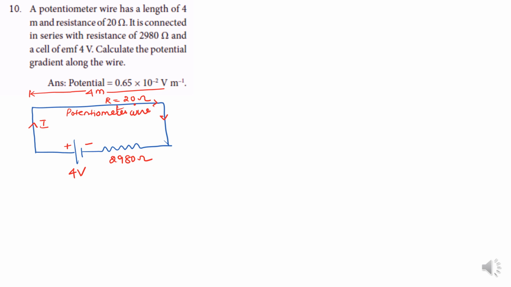It is connected in series with another resistance of value 2980 ohm. So these two resistors are connected in series, right? So R series or R equivalent is equal to 20 ohms plus 2980 ohm, which comes to around 3000 ohm.